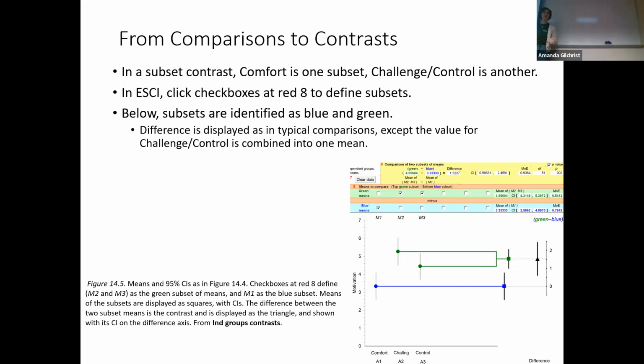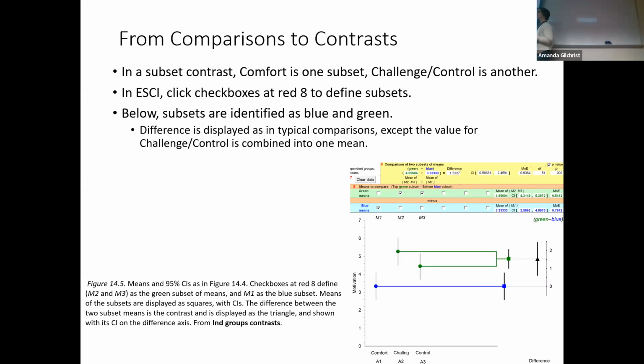And in this particular case, the difference looks similar to different comparisons. So here we have our confidence interval on the difference. Notice that my mean for my challenge and control condition minus my comfort condition, you can see there's no overlap there. There's probably a big difference between these two groups, and it turns out that there is.